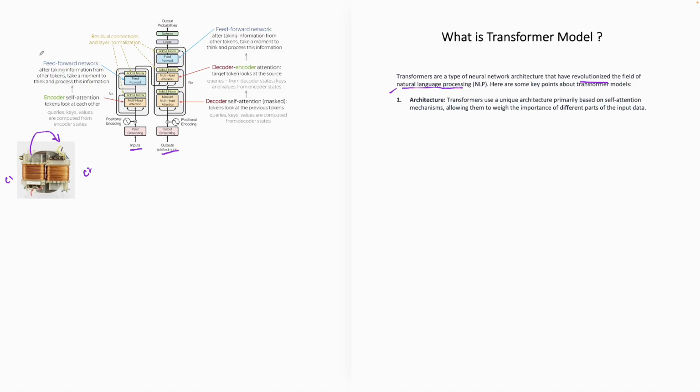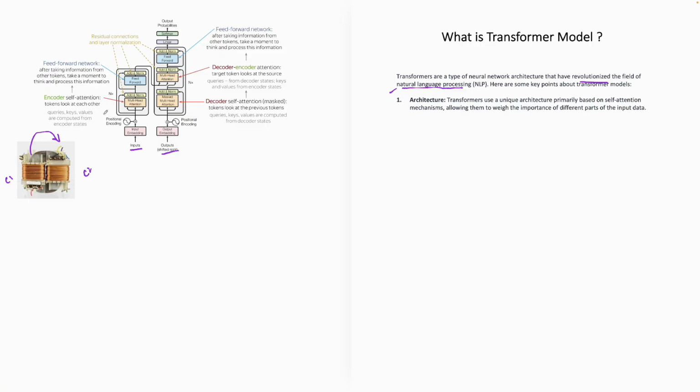Now you may ask, what is an encoder? Encoders are neural network layers. First of all, remember, there could be multiple layers of this. We are just showing one layer, but in the input itself there could be multiple layers, and in the output again there could be multiple layers. Encoders are the neural network layers that process the input sequence and produce a continuous representation, or we can say it is kind of the embedding of the input.